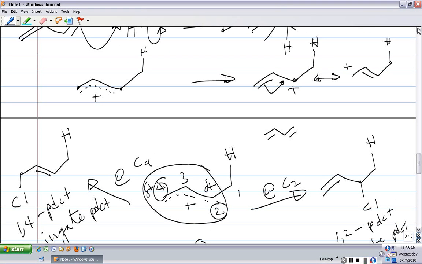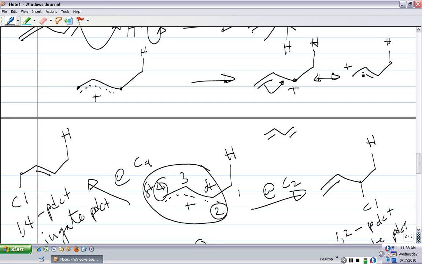Let's go back to our resonance forms. When the plus charge is on C2, I really am describing a secondary and allylic carbocation. When the plus charge is on carbon number 1, I'm describing a primary and allylic carbocation. So let's say allylic carbocation is a wash, right?